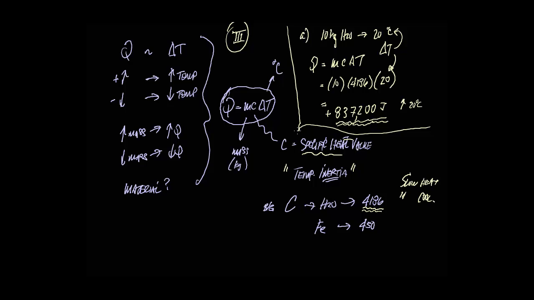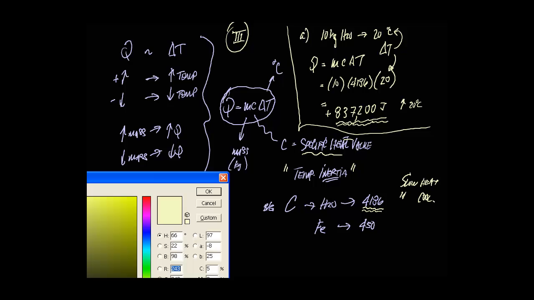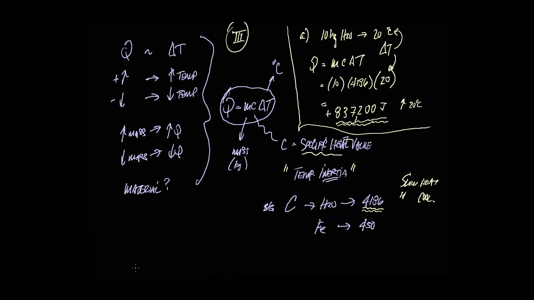Now, if I did the same thing looking at metal, and we're talking about an empty vat, if it was a metal one, we put 450 in there, and it would come out to be a much smaller number, somewhere around 90,000 joules.